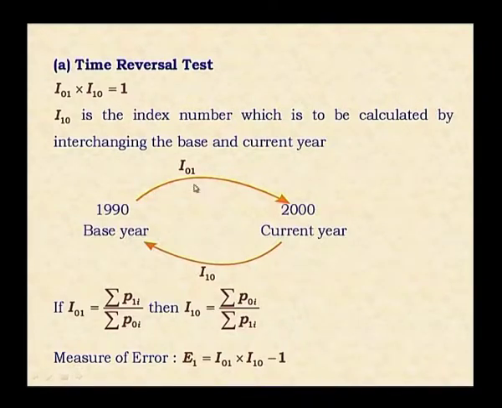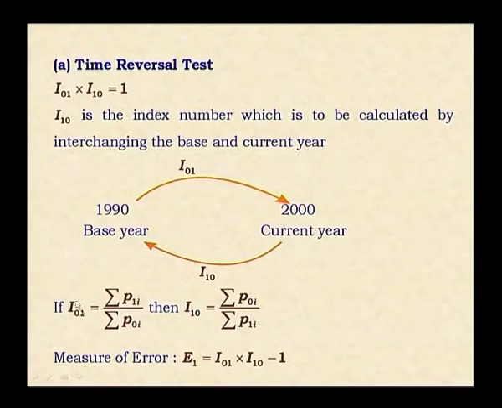Say, for example, here we can see that for I01 in this figure the base year is 1990 and the current year is 2000, whereas in the case of I10 the base year and current year are interchanged.